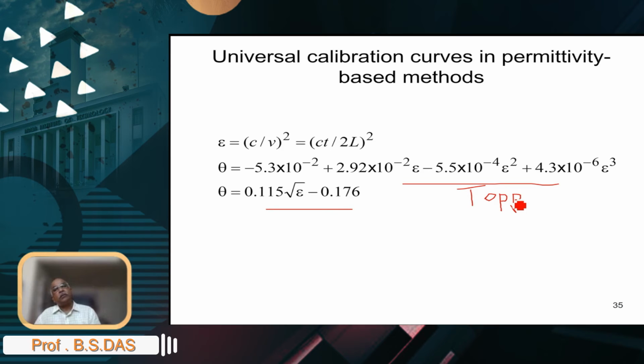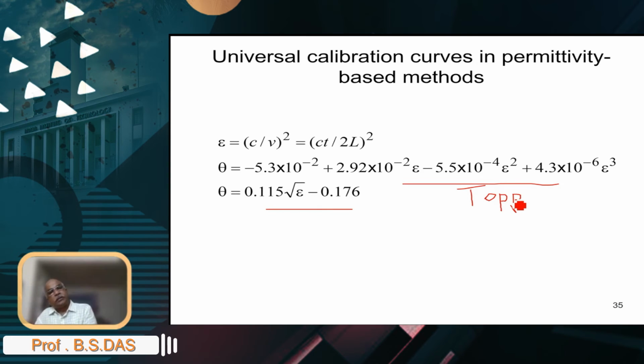Because it's a waveguide, you have a pulse going a certain distance, and as the waveguide ends, it comes back to the signal generator, so you have twice the length over time, and that's the velocity. So the ratio of the speed of light C to that velocity in an unknown sample is measured to get a bulk dielectric constant of the soil.